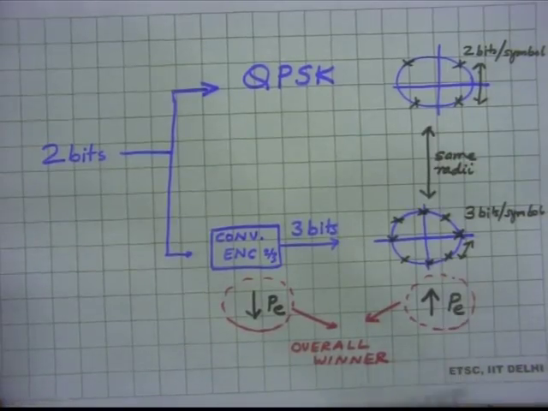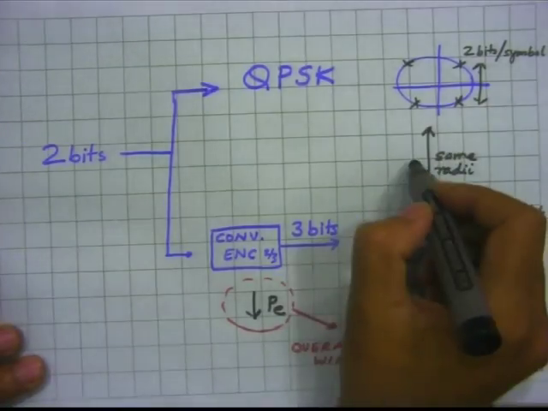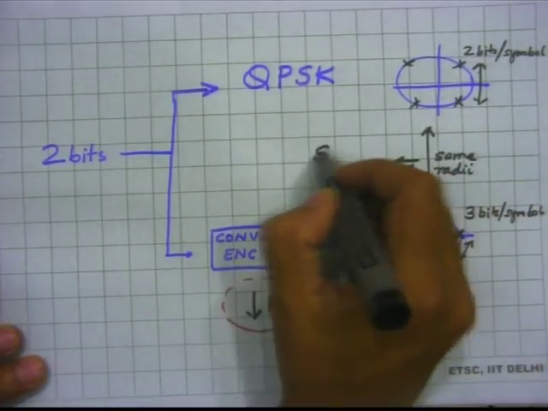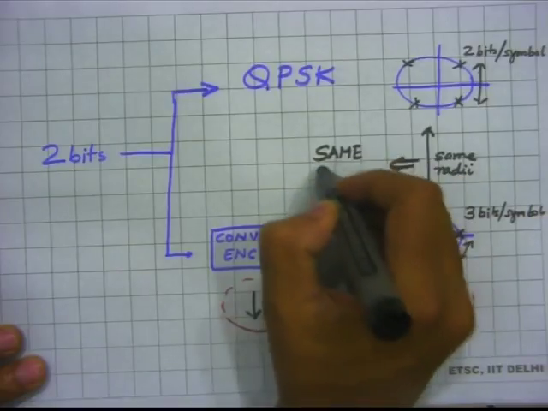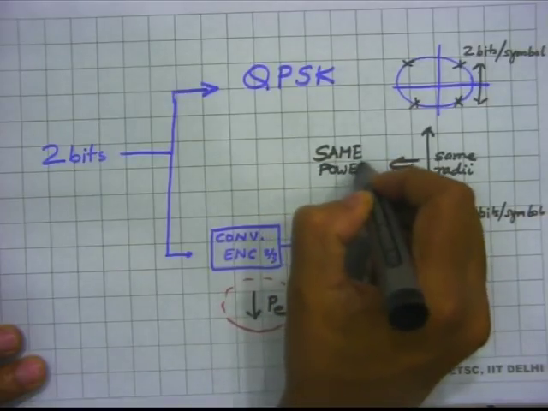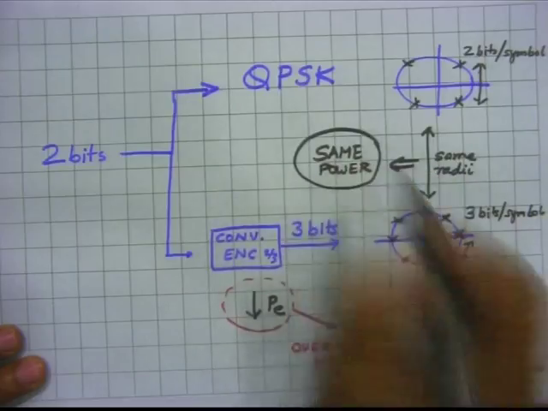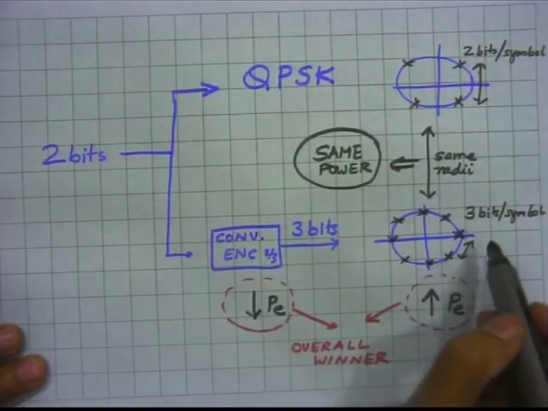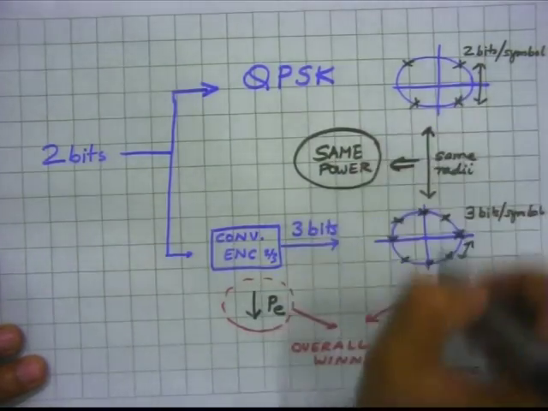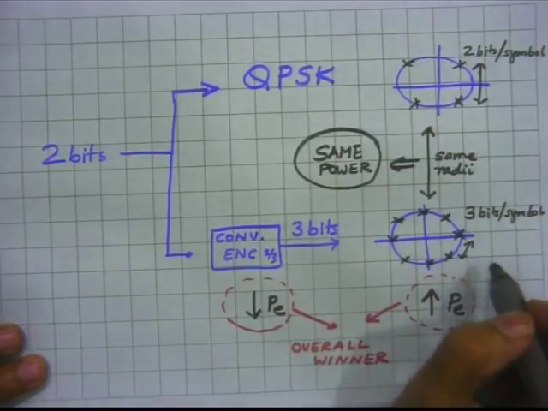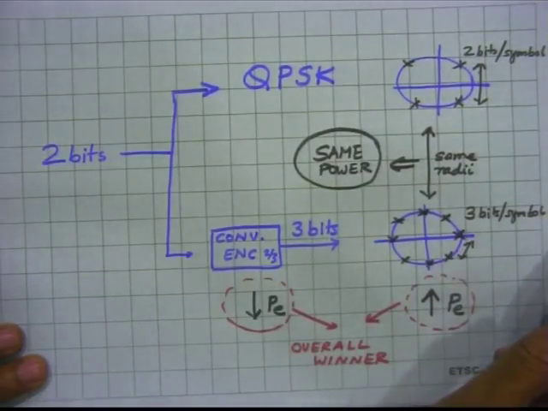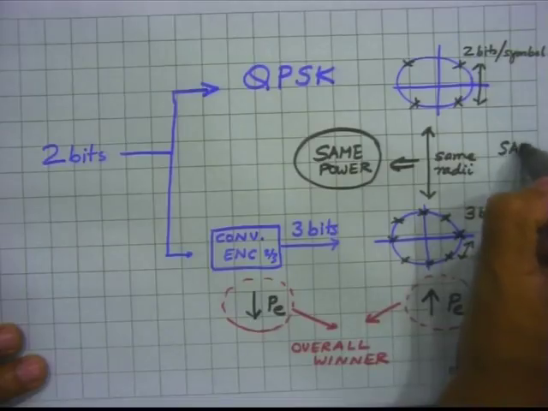Please note, we have not touched power. So, same power. And here, with these two modulation schemes, we have not really asked for additional bandwidth. So, we have the same bandwidth.